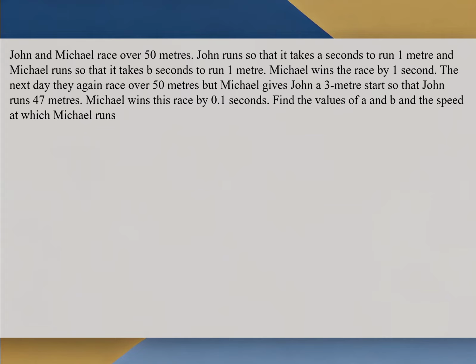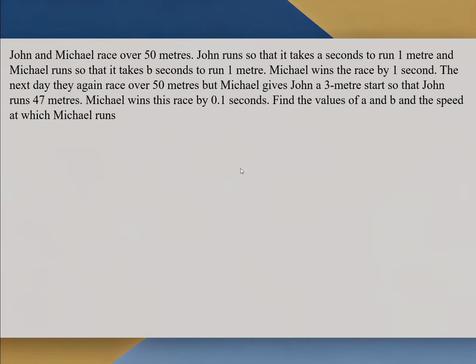The next day, they again race over 50 meters, but Michael gives John a 3 meter start so that John runs 47 meters. Michael wins this race by 0.1 second. Find the values of A and B and the speed at which Michael runs.